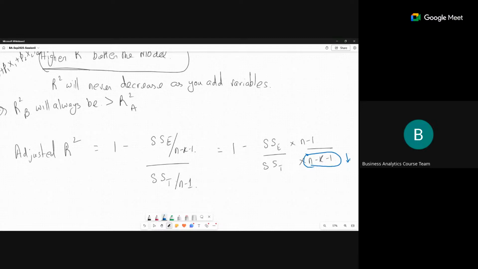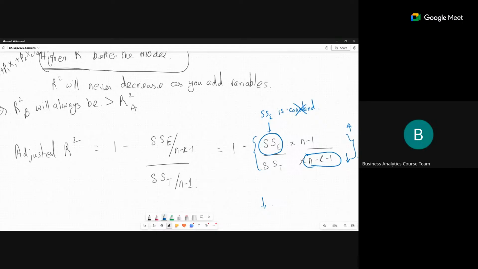So the denominator will decrease, which means SSE by SST on the whole will increase. So 1 minus that, on the whole, will decrease. So adjusted R squared will decrease as I add more variables, provided SSE is constant.